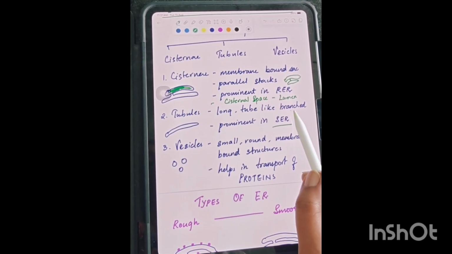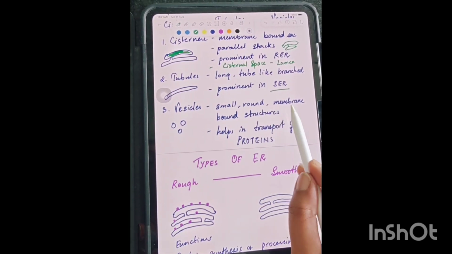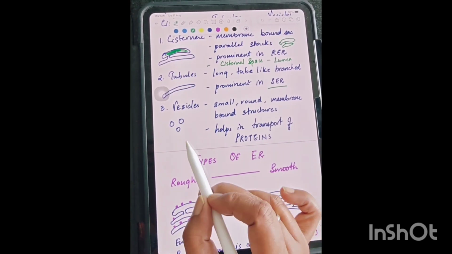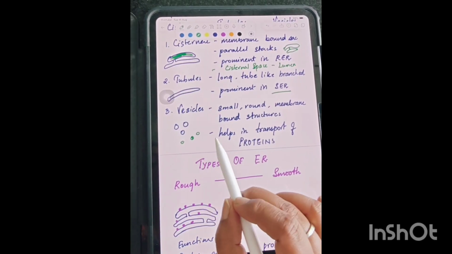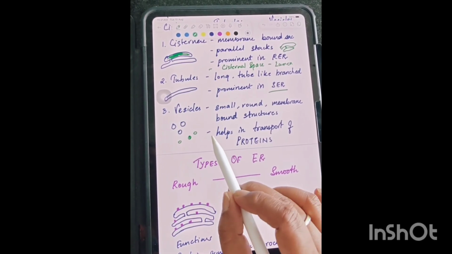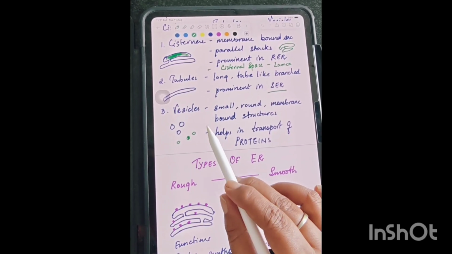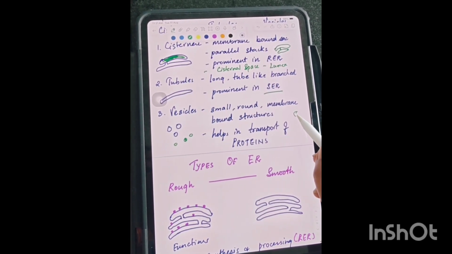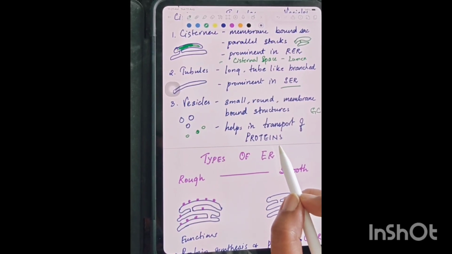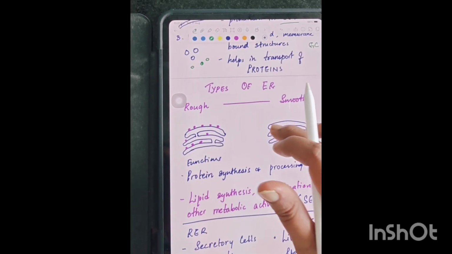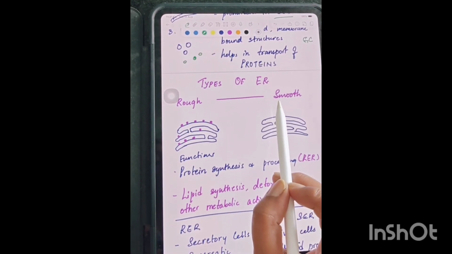Then there are small, round, membrane-bound vesicles present around the cisternae and tubules. As in the Golgi complex, the main function of vesicles is to help in the transport of proteins.